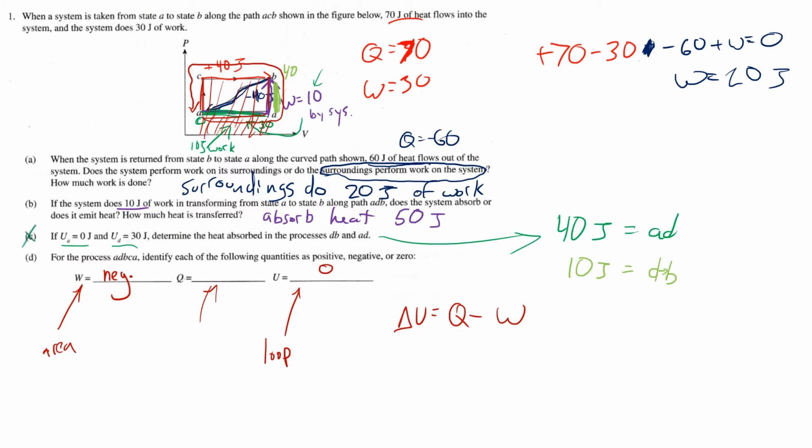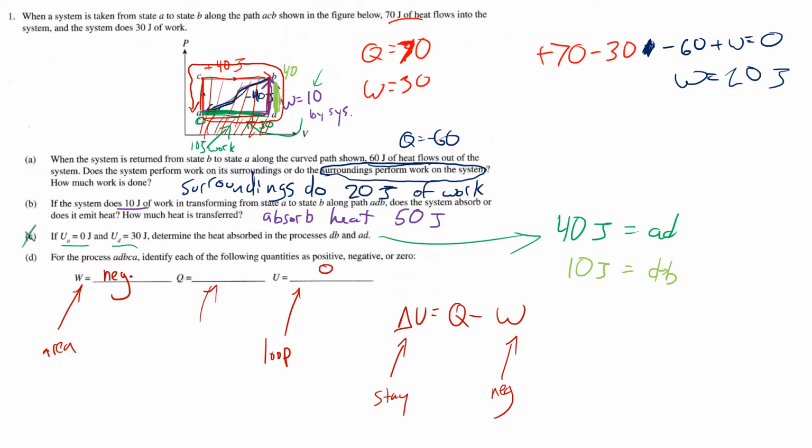Well, if your bank account stays the same for the full loop, but you had negative work, that means that you have to have the Q to counteract that. All right? So that means the Q, well, let's see here.